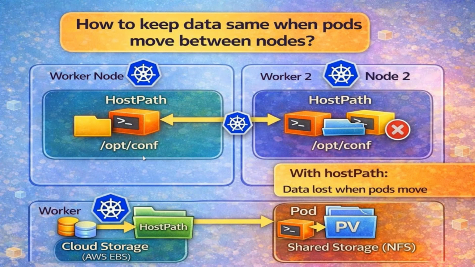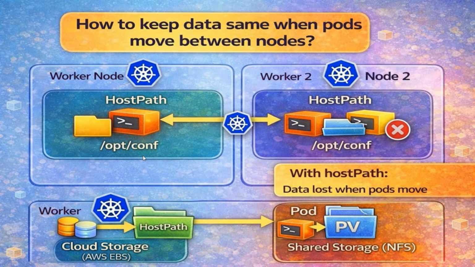Now your application again mounts /opt/conf, but this time it is /opt/conf on worker node 2, a completely different server, with a completely different folder and completely different data, because it is not the same worker node 1, it is worker node 2.